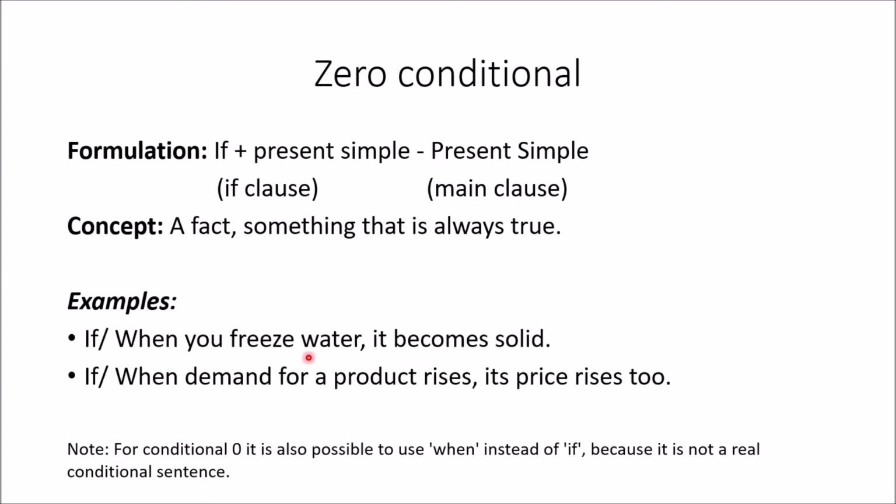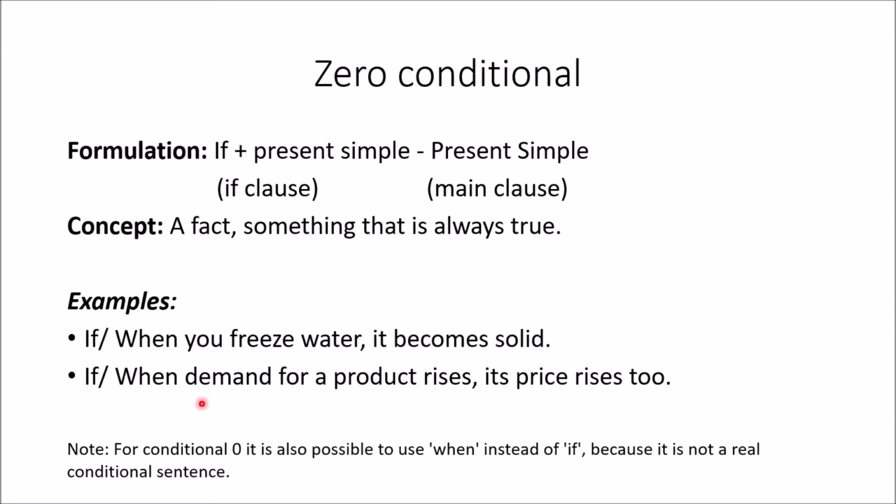If you freeze water, it becomes solid. But we can also say when you freeze water, it becomes solid because it's a process. We are not discussing a condition here. The same case in the second example. If demand for a product rises, its price rises too.